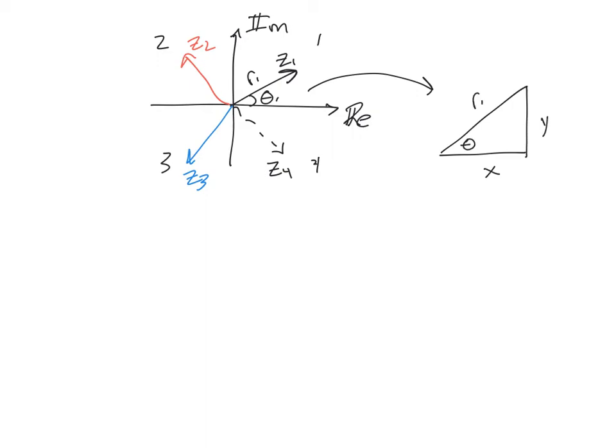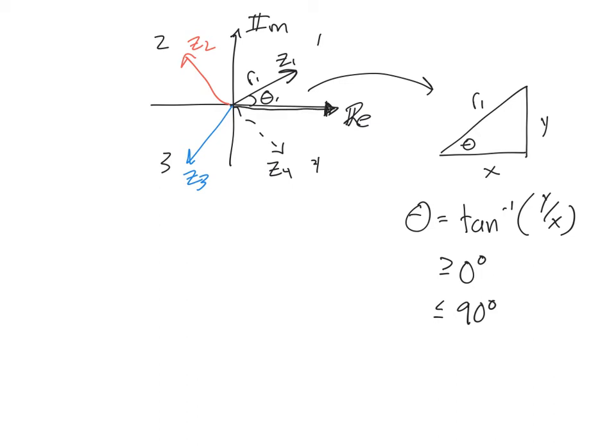So we know that the value of theta when using the expression arctangent of y over x is always going to be positive and always going to be less than or equal to 90 degrees. But it's important to denote what theta is relative to the positive real axis.